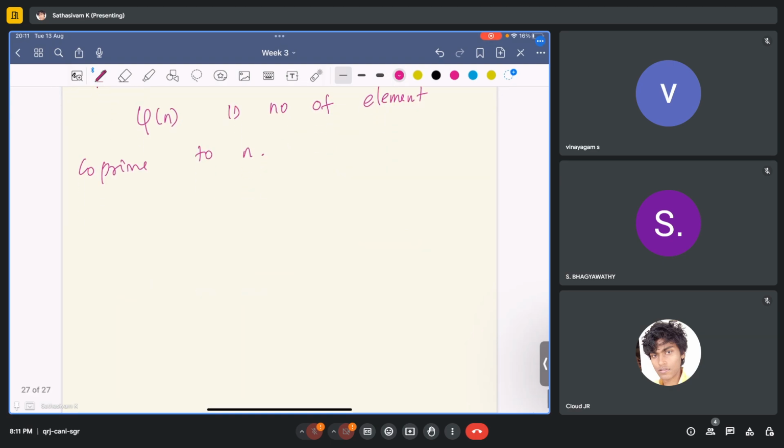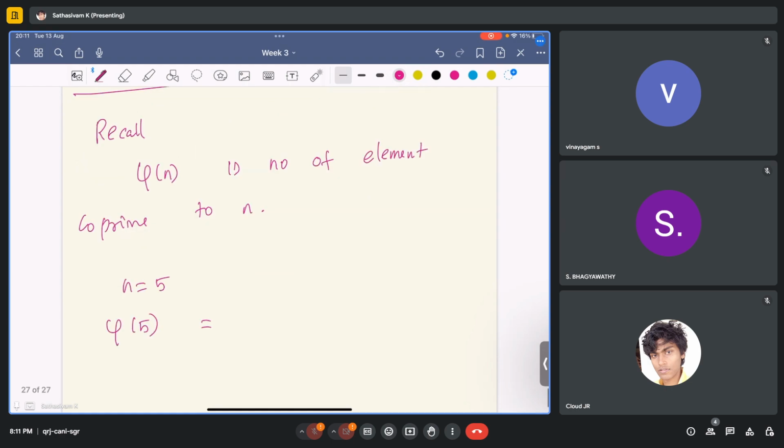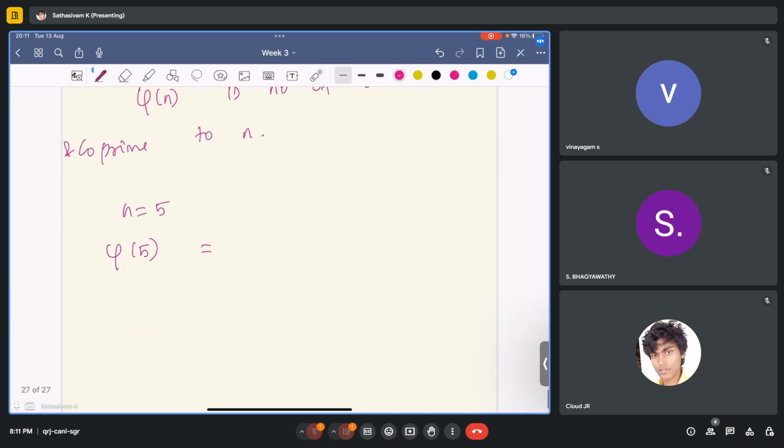For example, if you look at n equal to 5, then phi of 5 is 4. Why? What are the numbers that are coprime to 5 and less than 5? That is 1, 2, 3, and 4. Of course, we are always looking at positive integers alone, not the negative ones.